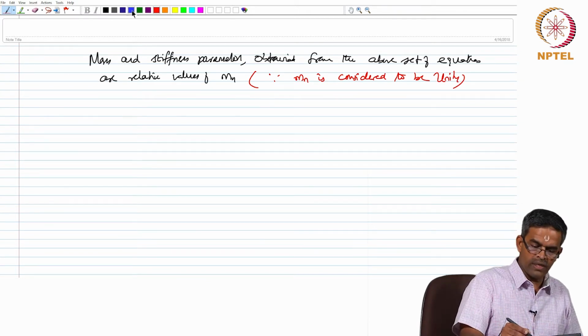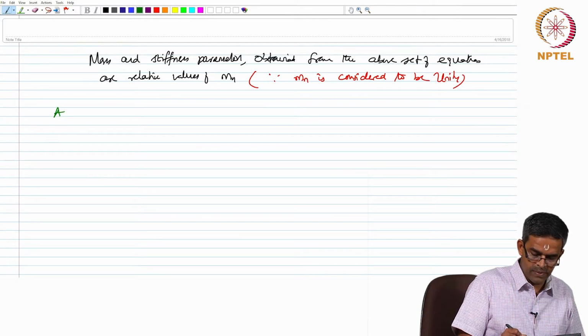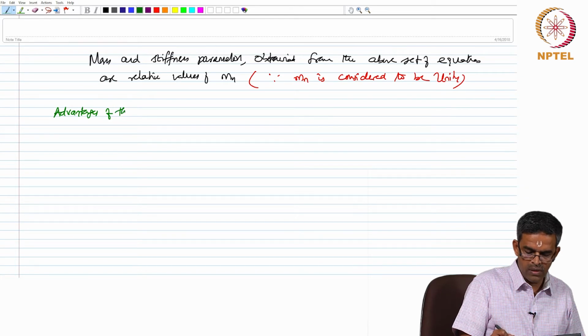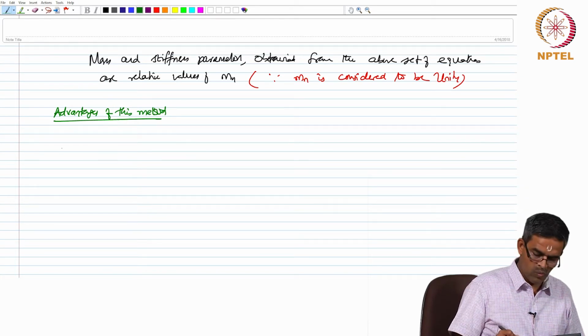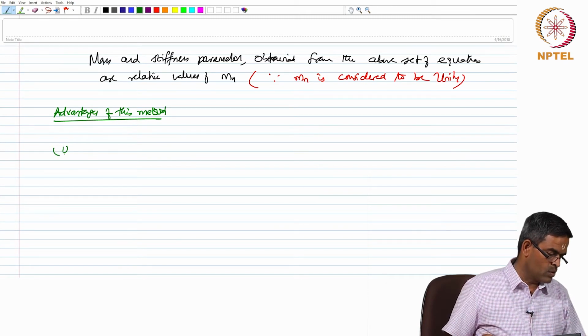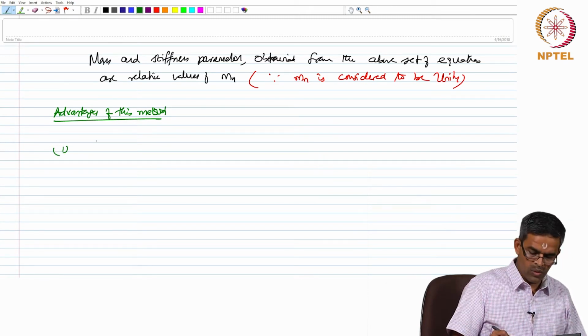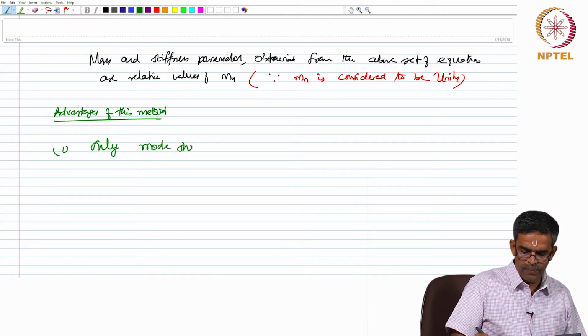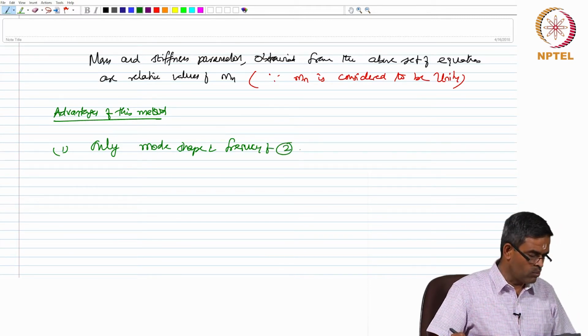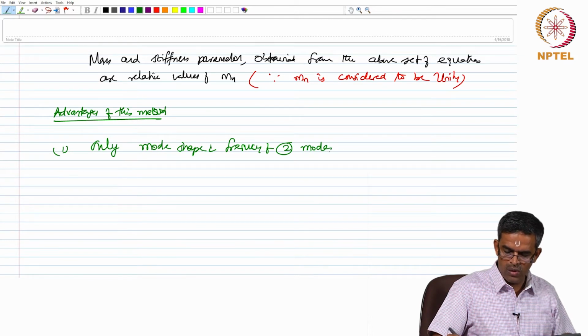This method has salient advantages. One, only mode shape and frequency of two modes are required.